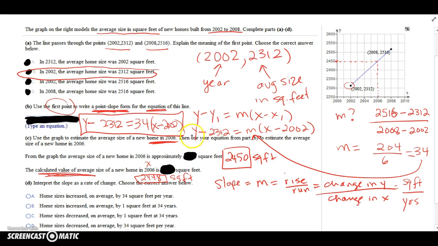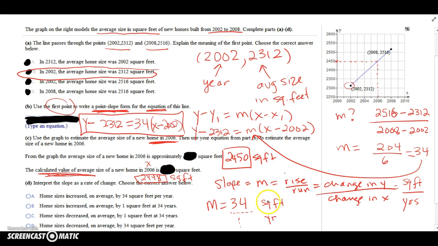Since we know the slope is 34, we calculated that earlier when we were trying to find the equation of the line in point-slope form. I'm going to put that as a fraction, 34 over 1. I know the numerator describes square feet, so I'm going to label it as such. And I know the denominator describes the years, so I'm going to label it as such.